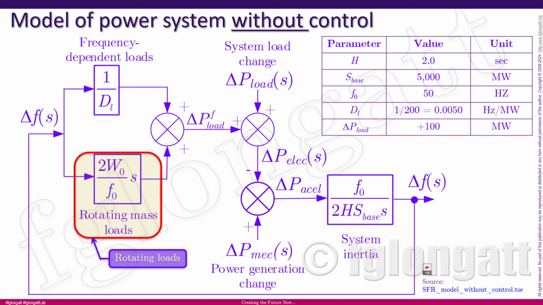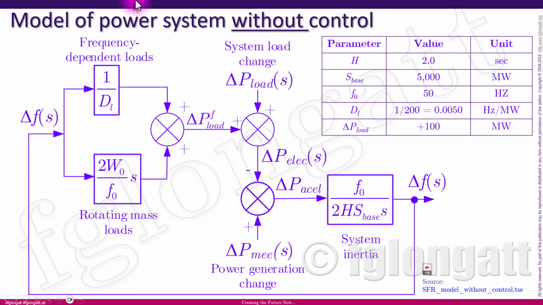And I believe you must remember from the previous video that I said to you that this model is quite exciting, because in this model you have the representation. You can see over here you have the representation of the system inertia. So you can see H, that is the rotational inertia constant in the system.